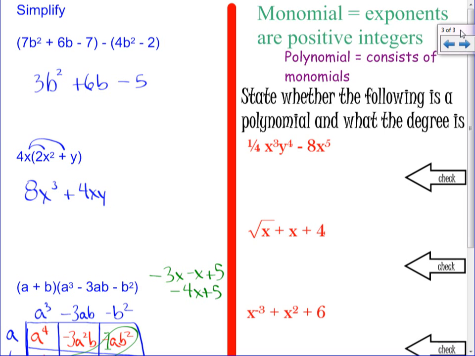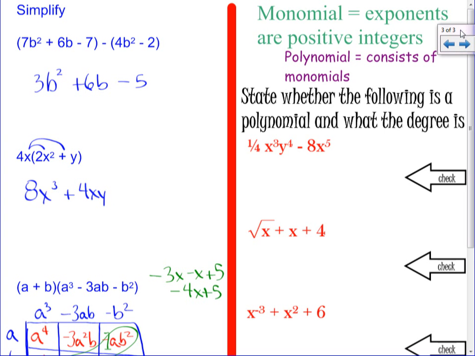Which ones are the exponents, guys? There's 3 exponents up there, right? What are they? 3, 4, and 5. Are they positive? Are they integers? Yes. So this is a polynomial. Okay, we don't look at the 1/4, we don't look at the negative 8. We're looking at the exponents. So it is a polynomial.